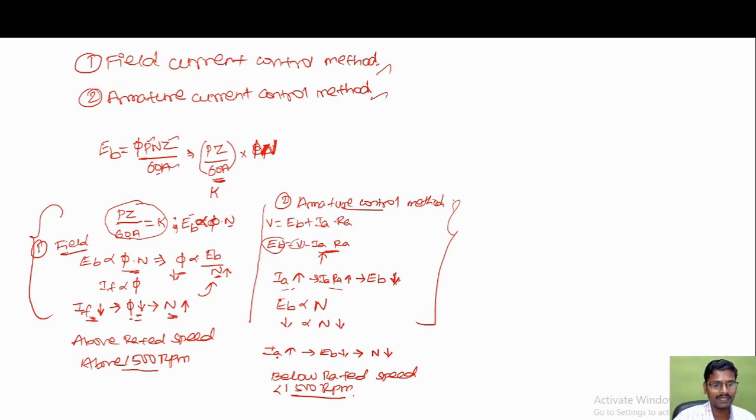And here in the armature control method, if I increase the value of Ia, then the drop across the armature resistance, the armature winding, will increase, which will reduce the back EMF. If the back EMF is reduced, then it directly affects the speed, so speed will also get reduced. So these are the two major types of speed control employed for DC shunt motor. Thank you.